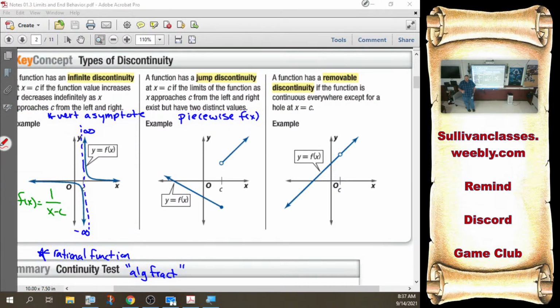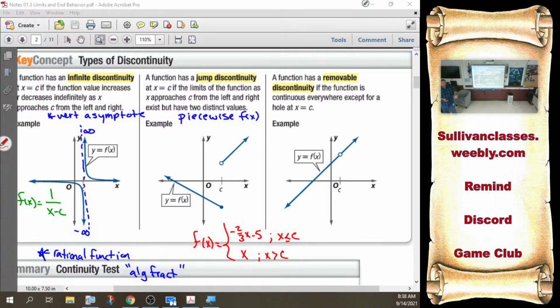Piecewise functions are when I jump from one rule to another. This would look like f of x is, and then I would have two different rules. I'd say something like negative 2/3 x minus 5 when x is less than or equal to c. And then I would follow the rule f of x equals x when x is greater than c. Okay? Piecewise functions.